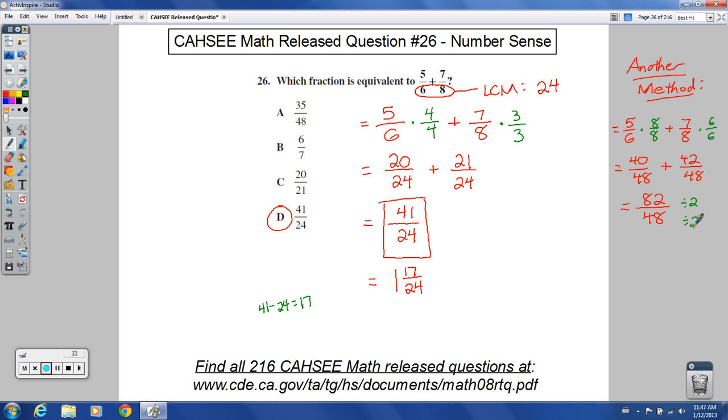You can for sure divide it by 2 at least. 82 divided by 2 is 41. You could use long division to get that too if that wasn't coming mentally to you. And then 48 divided by 2 is 24. So either way you do it, we can't reduce that anymore. You get the same answer.